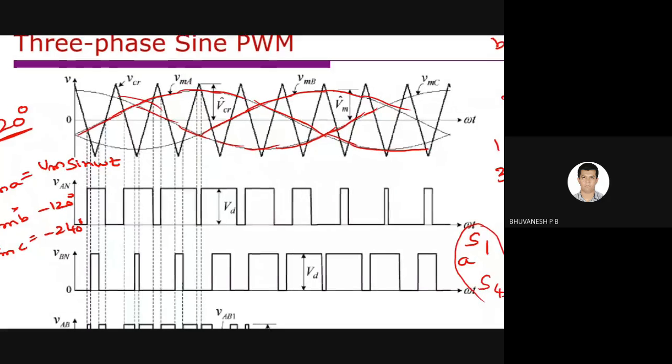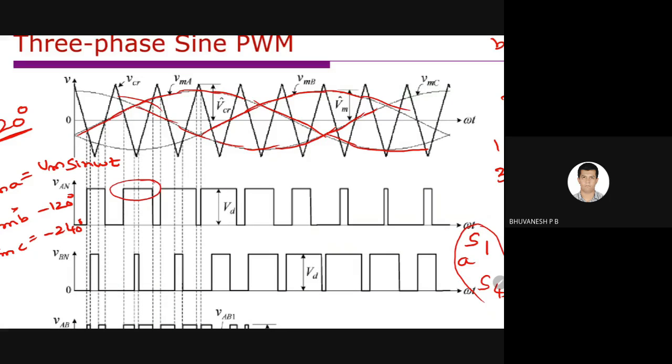So this is the comparison for VAN. The A phase modulating signal is compared with the carrier signal.